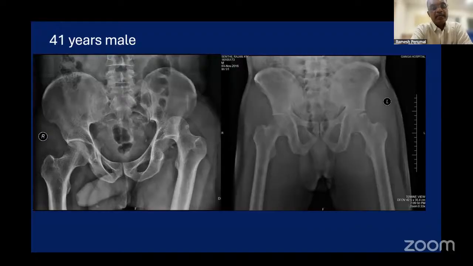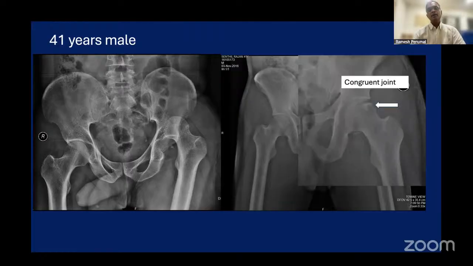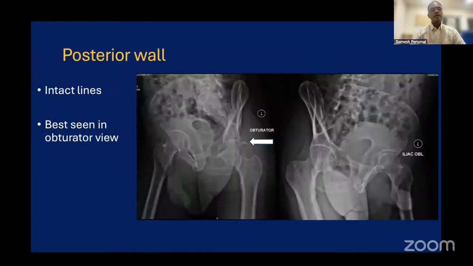Now when you look at the X-ray, the joint looks congruent. However, when you have a closer look, even though the joint is congruent, you can see some amount of shadow at the level of the posterolateral corner of the hip joint. So when you take the special Judet views, you can see in the obturator oblique view, as mentioned previously, the iliopectineal line is intact, and you can see the posterior wall fracture with the fragment lifted off.